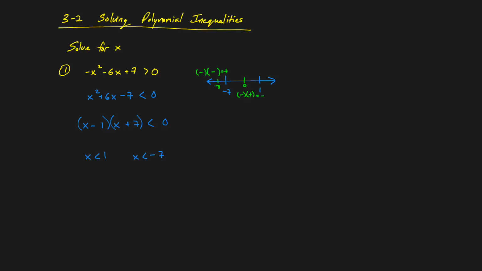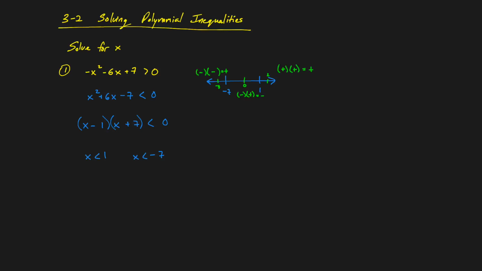So let's keep going. You may have already said, I know it's a quadratic, and obviously it can only be this part of the region now, but just for testing it out, we're going to put 2 in here. 2 minus 1 is positive, and 2 plus 7 is positive, so we get a positive number.